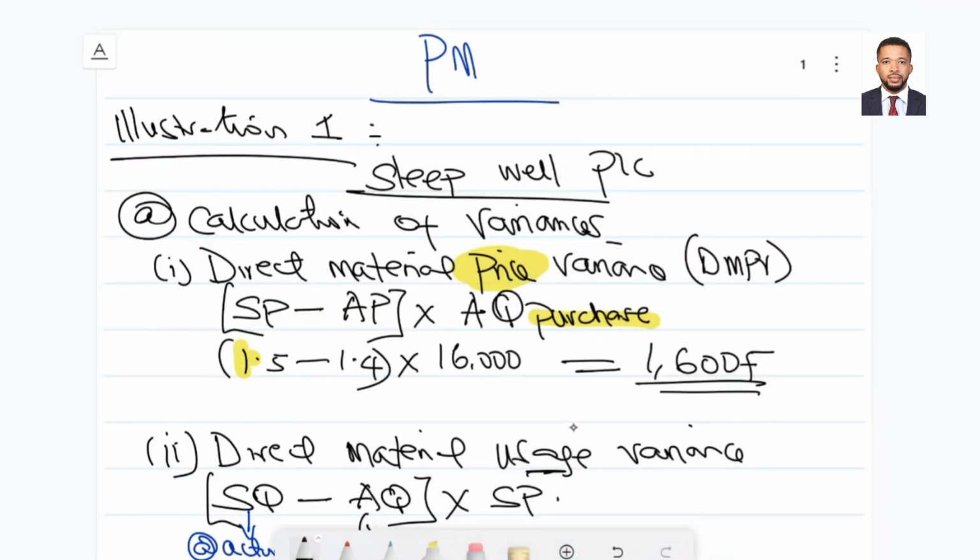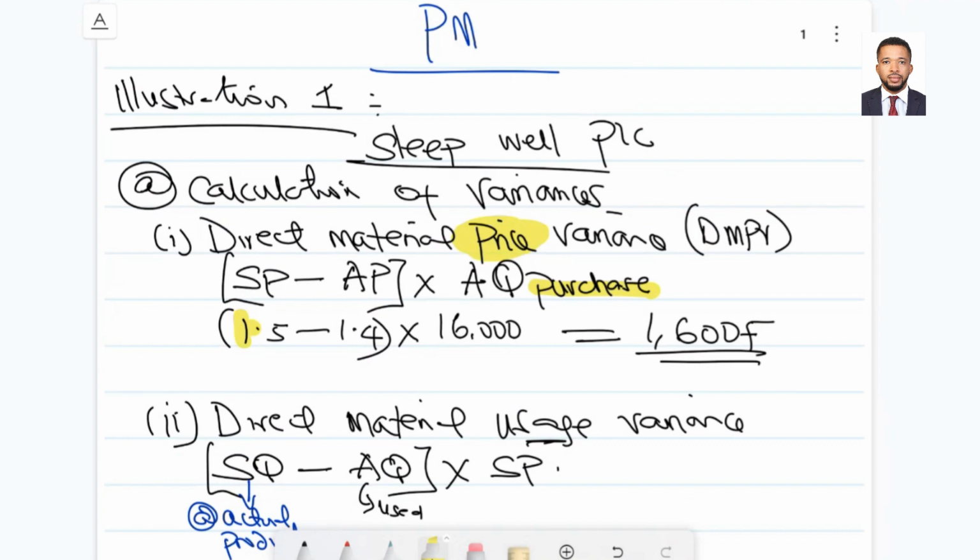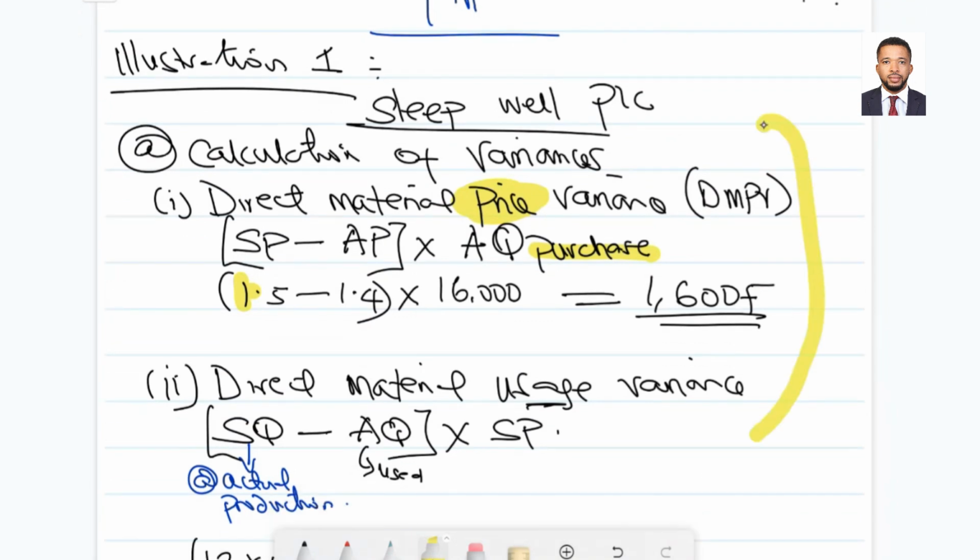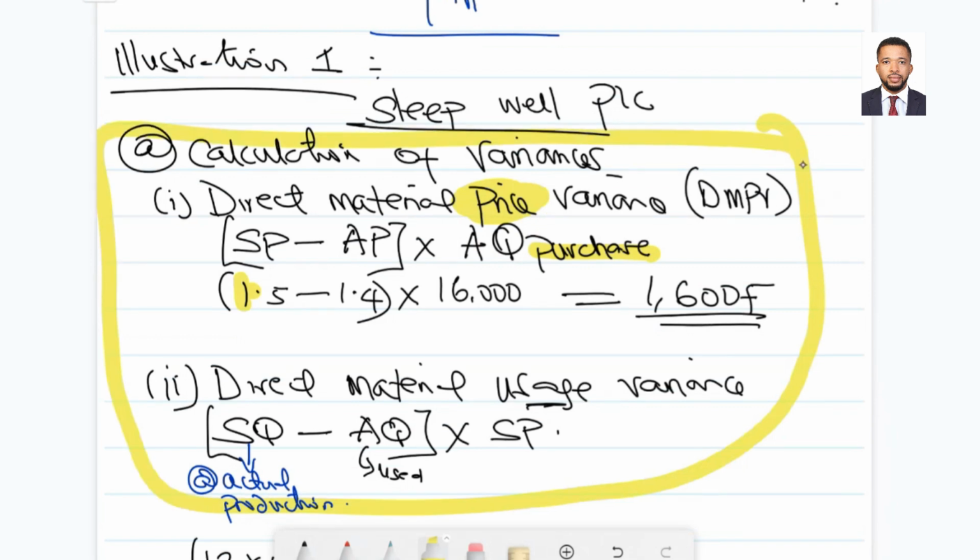Now, all this thing that I'm doing, honestly speaking, the only thing that I personally know in variance is just these two. Every other thing that I'm doing, I'm just transcribing. If you know this and this, you are done with variance.